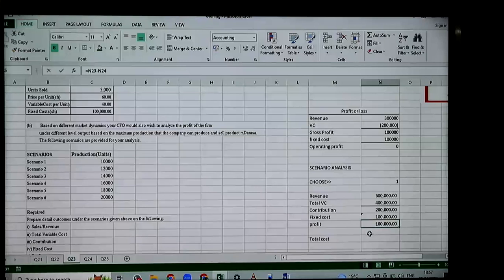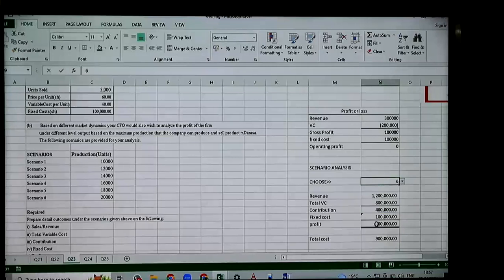So for our total cost here, our total cost will be the variable cost plus the fixed cost, isn't it? Control enter. So if we change our scenario, maybe we look at scenario 6, you can see we'll be making a profit of 300,000.